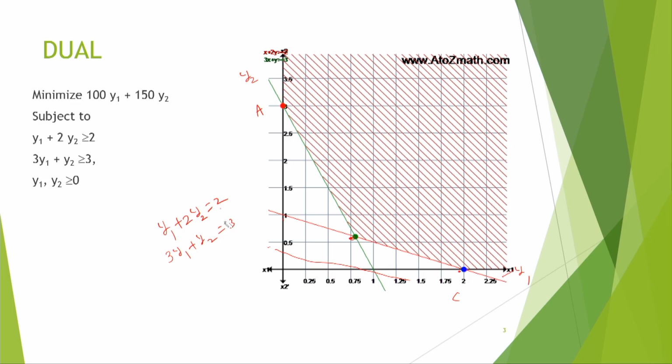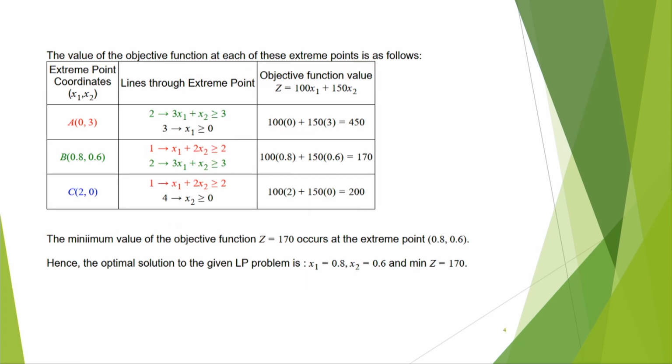So I am moving 100 y1 plus 150 y2 equal to C, and I am going up to here. If I go further, it will be even further from the zero, so its value will be more, and this is also far away. But if you are not sure of making the objective function line properly, or you can make a mistake in making a parallel line, then you can go for the extreme point method.